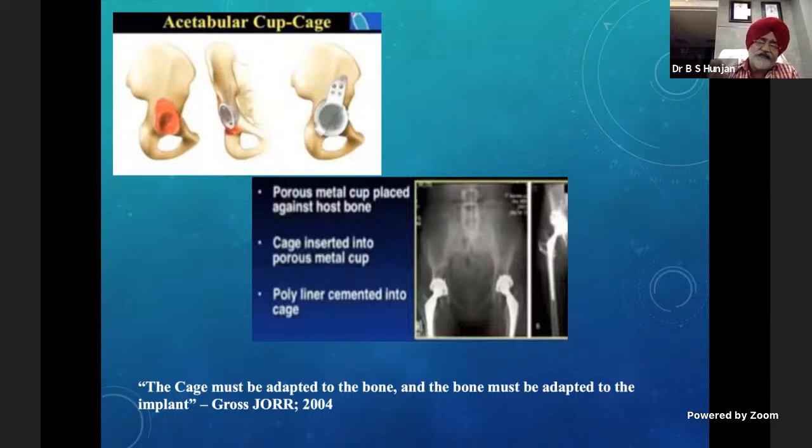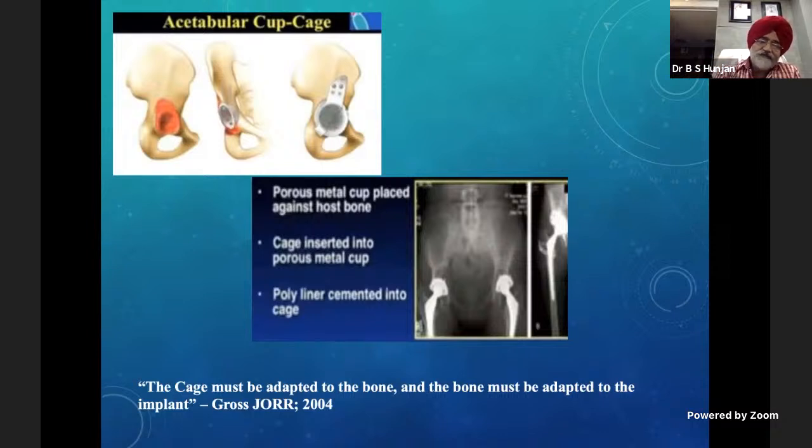The cage fits into the cup which we have put, and the cage is fixed at the upper end to the ilium and the lower nose goes into the ischium. When we put the cup, we make a slot into the ischium with the osteotome, and the nose of the cage goes into the ischium and is fixed there, and the upper part we fix with screws.